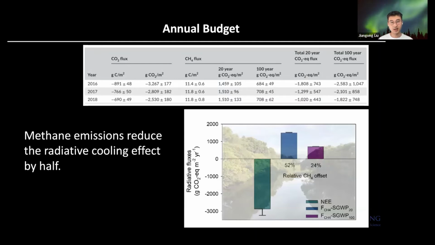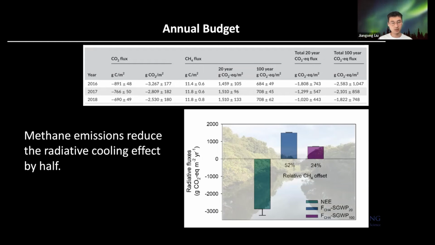The annual methane flux can reach around 11.7 grams carbon per square meter per year. If we convert this value to a CO2 equivalent flux using the global warming potential over 20 years, we find that methane emissions can reduce the radiative cooling effect caused by photosynthesis by half.